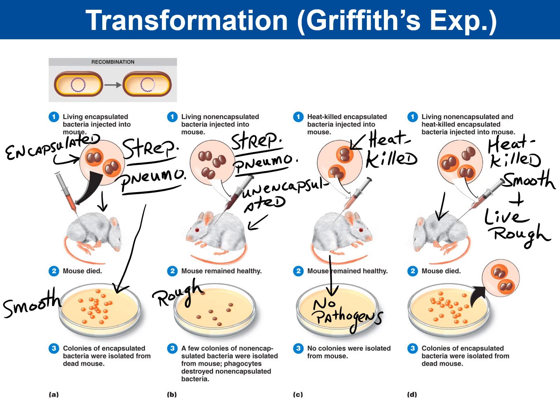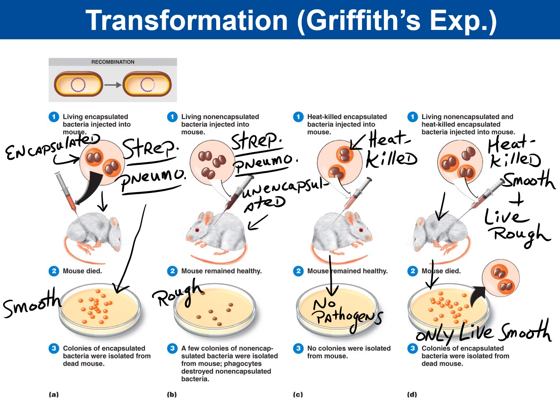And even more fascinating, after the mouse was dead, the autopsy showed that only live smooth bacteria were found in the plate, no rough. And this was a big mystery because initially heat-killed smooth cells were injected.